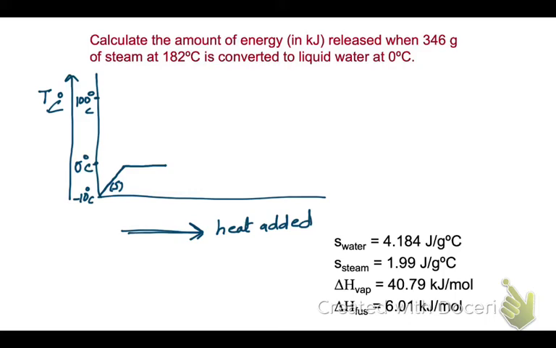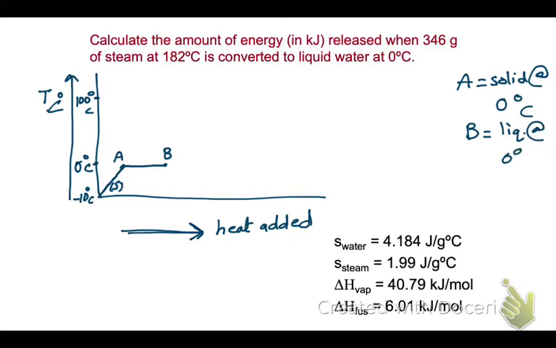Then if I keep adding heat, all my solid at 0, which is this point. So if I am looking at this point and I'm calling this point point A, at A I have solid at 0 degrees Celsius. All my solid at 0 will be converted to B, and in B what I have is liquid at 0 degrees Celsius.